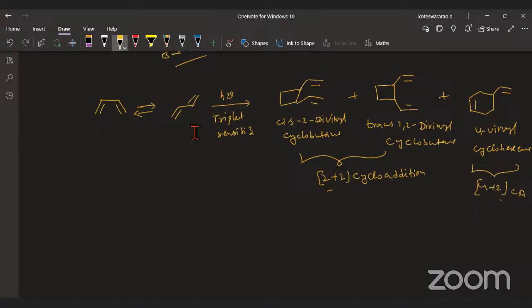Now, all the products are dimers. This dimer composition always depends on the energy of the triplet sensitizer. If the triplet sensitizer has higher triplet energy, the product ratio will not change.